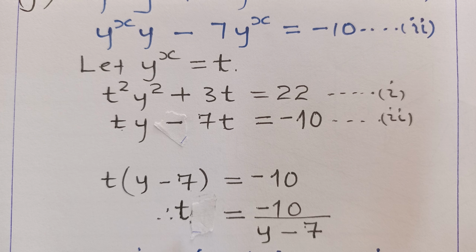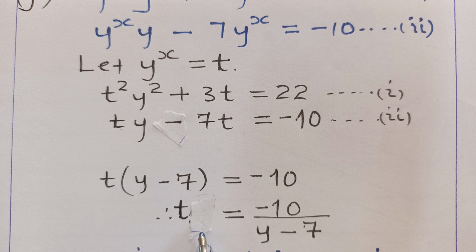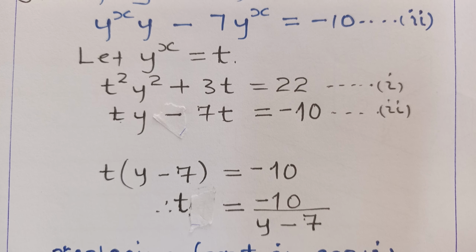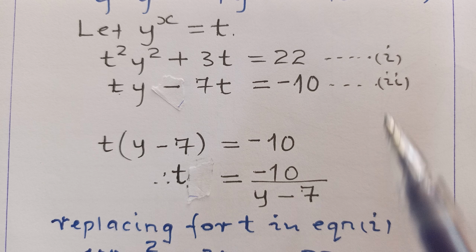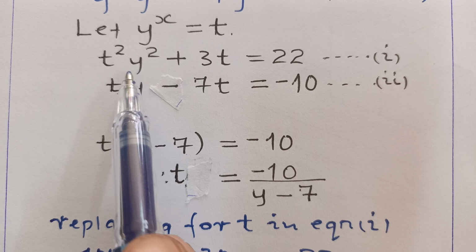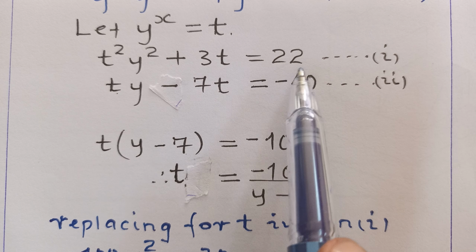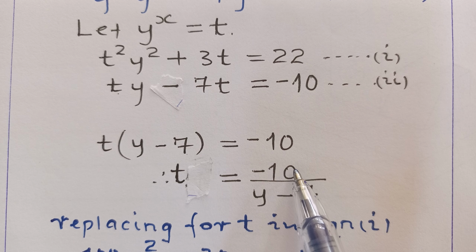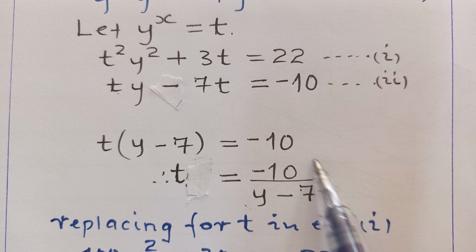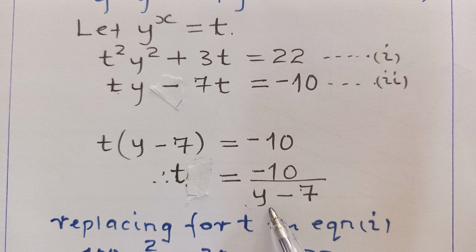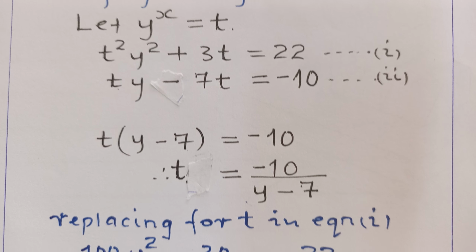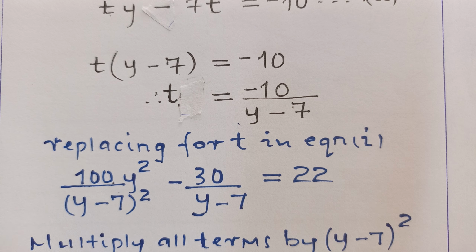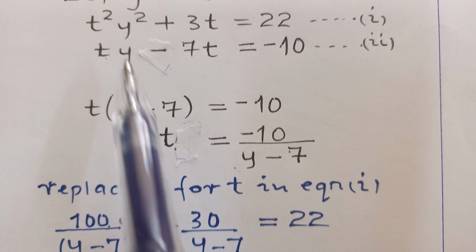And so guys, after we have gotten our t, we replace t in equation Roman 1. Guys, we have Roman 1 here, and now we replace for t. So we have t squared, which now becomes 100 all over y minus 7 squared, and that's what I have written here, multiplied by y squared.